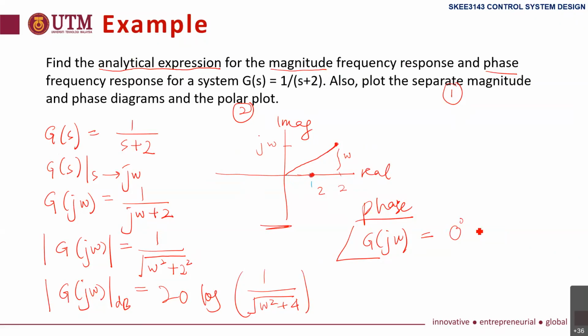In getting the angle or the phase, when we have 1 over j omega plus 2, we normally take the angle of the numerator minus the denominator. It is phasor, so if we divide, then we subtract. 0 minus this angle.